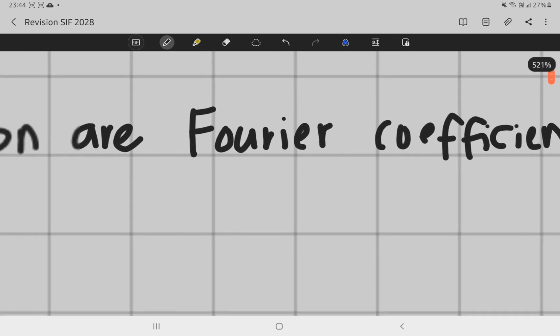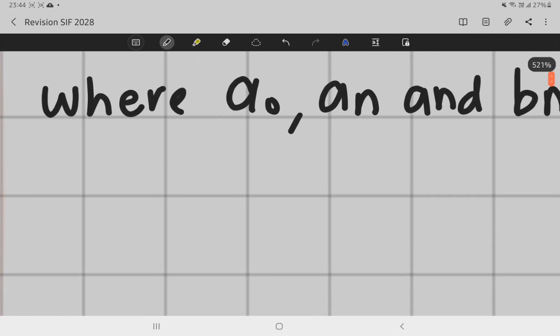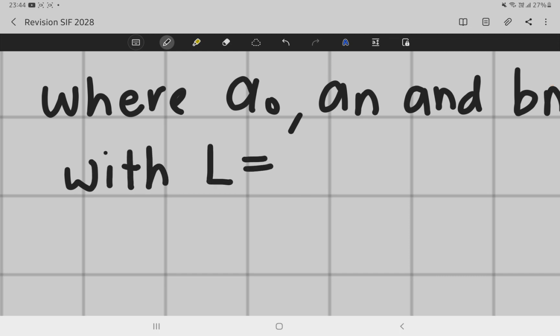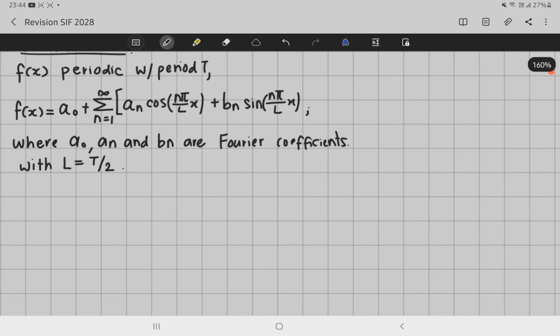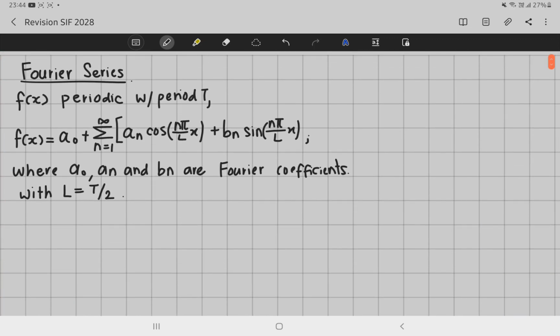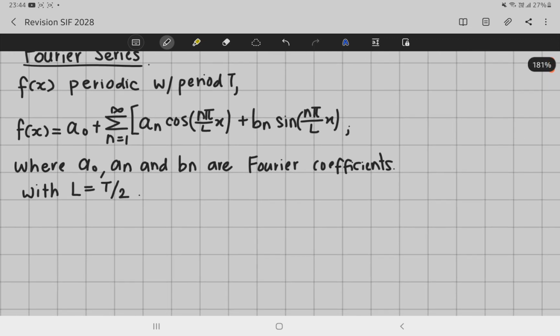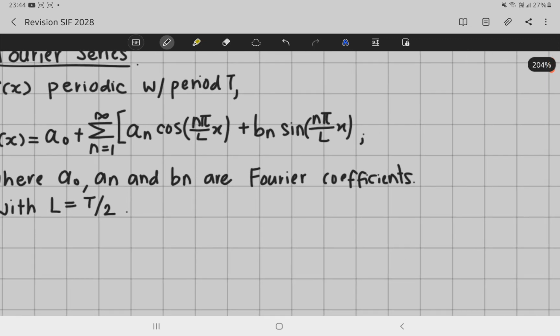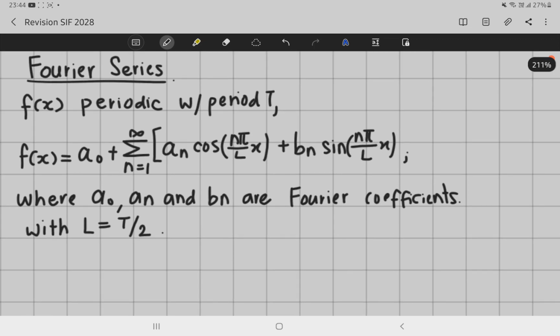And with L equal to half of the period T. That's all about Fourier series. It's just a series like a Taylor series or a Maclaurin series, an infinite series, and so on.